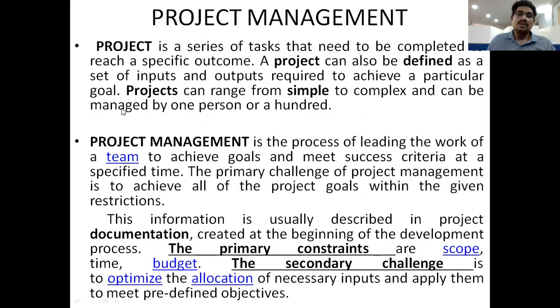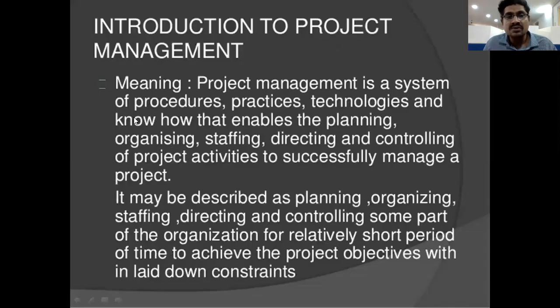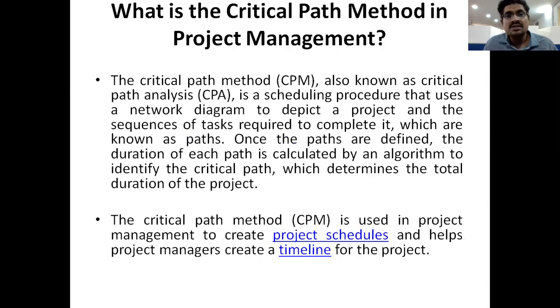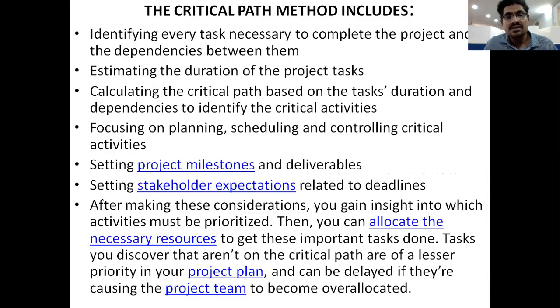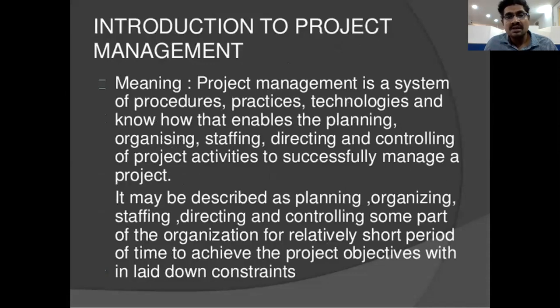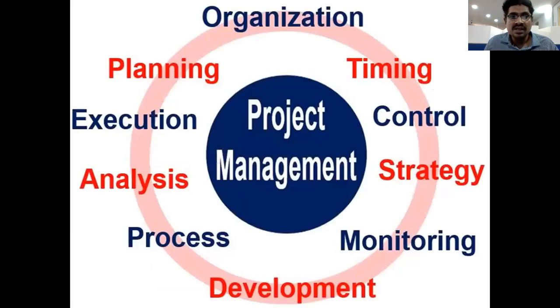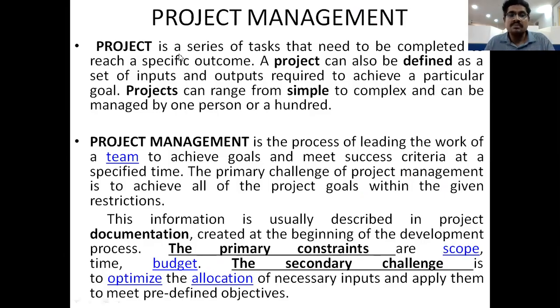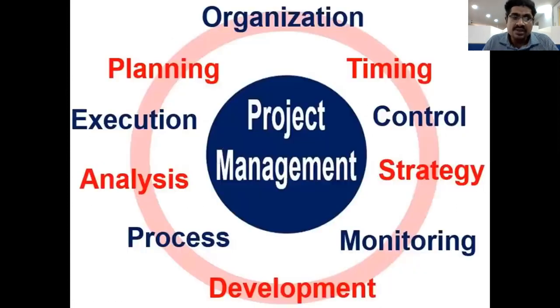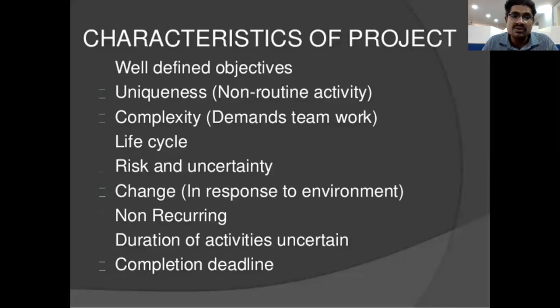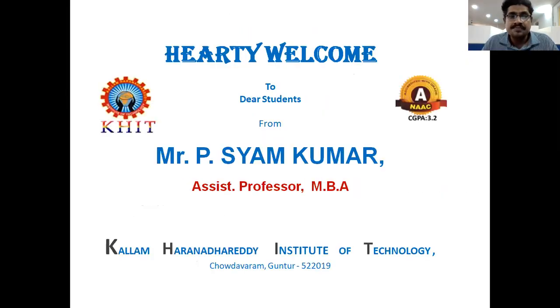So in the next class, we will go through CPM and PERT, the meaning of CPM, right? So today's class we discussed what is meant by project and what is meant by project management. And already we discussed the characteristics of project management.